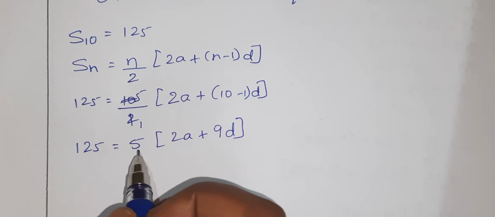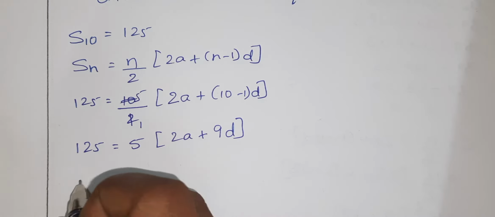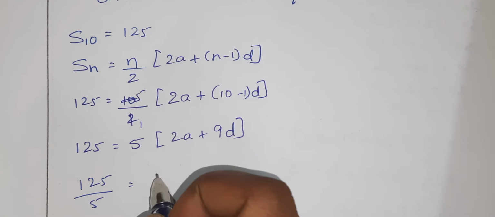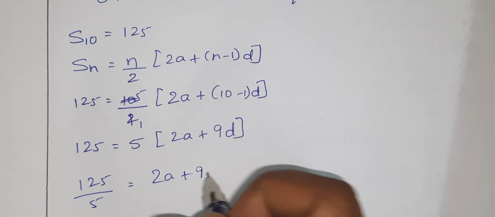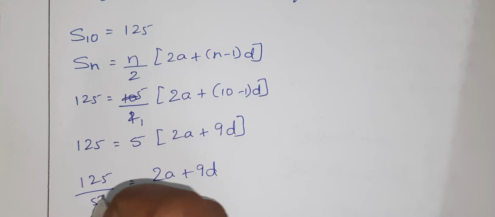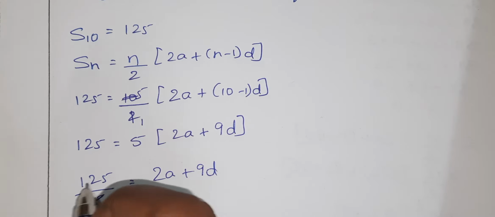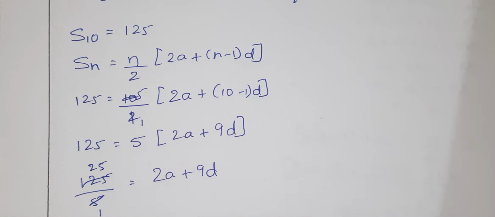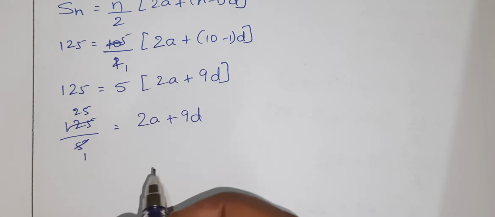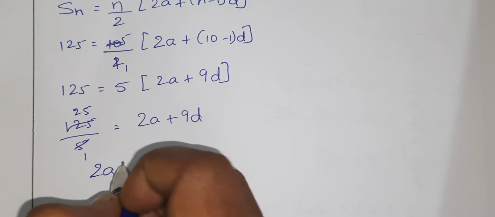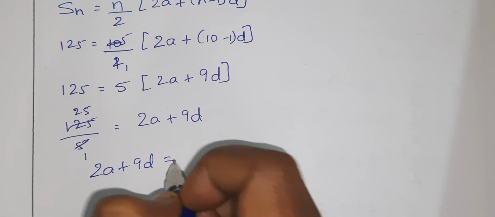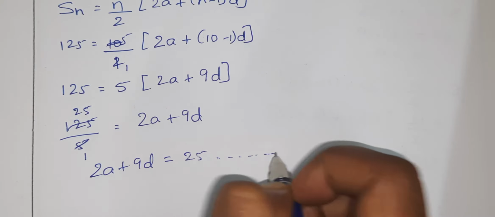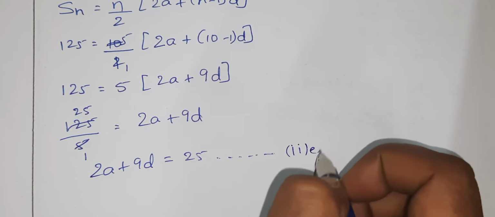And let us transpose this 5 to LHS, then it goes to denominator, which is equal to 2a plus 9d. And now let us cancel this. 5 ones are 5, 5 twos are 10, 5 fives are 25. So 2a plus 9d is equal to 25. This is our second equation.